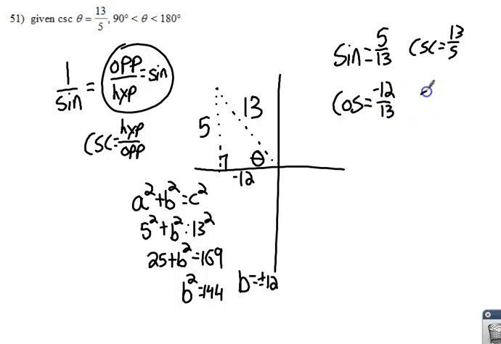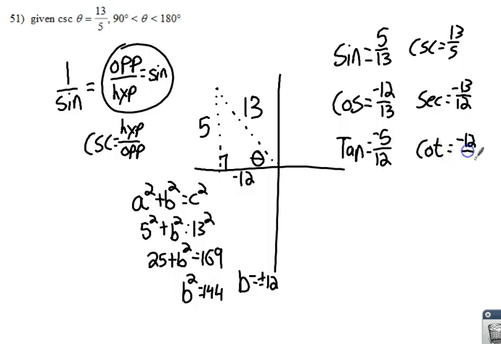Once you know that, you know the secant is negative 13 over 12. Again, you can put the negative wherever you want. Tangent is opposite over adjacent. That's negative 5 over 12. Again, I'm putting the negative up top. Cotangent equals negative 12 over 5. Again, I'm putting the negative up top because it looks cleaner. There you go. I have defined all 6 trig functions as asked.